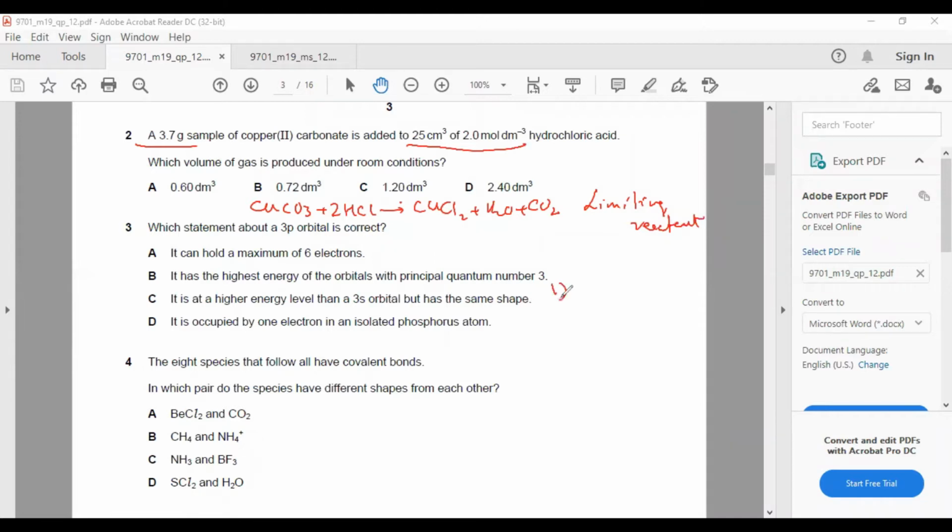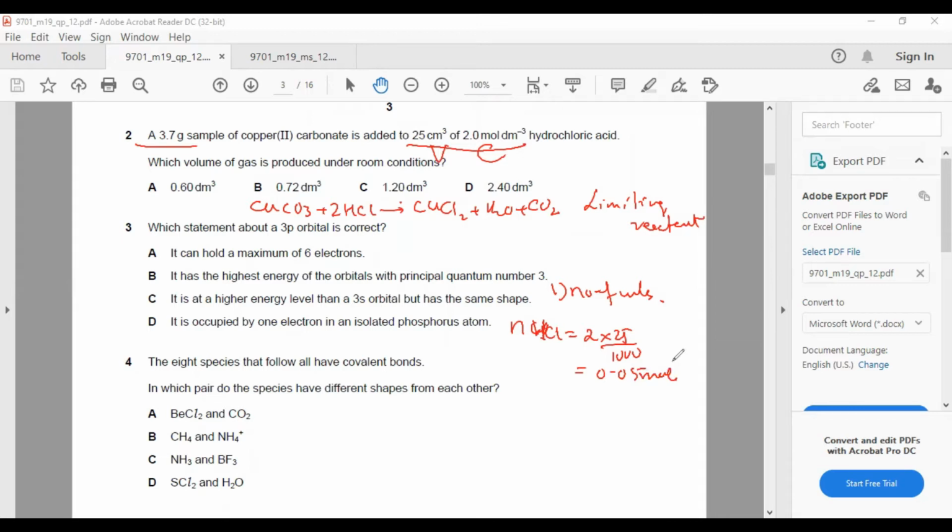Step 1, find the number of moles of each reactant. For HCl, this is the volume, this is the concentration. Number of moles of HCl is 2 into 25 divided by 1000, which is 0.05 mole, right?